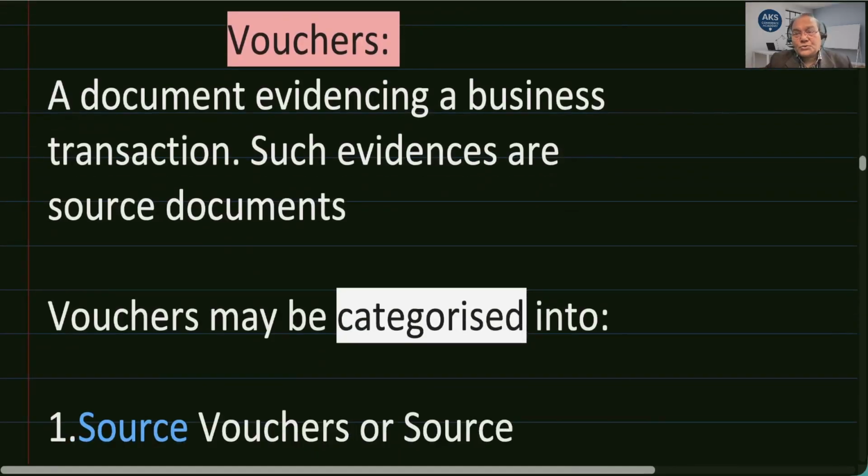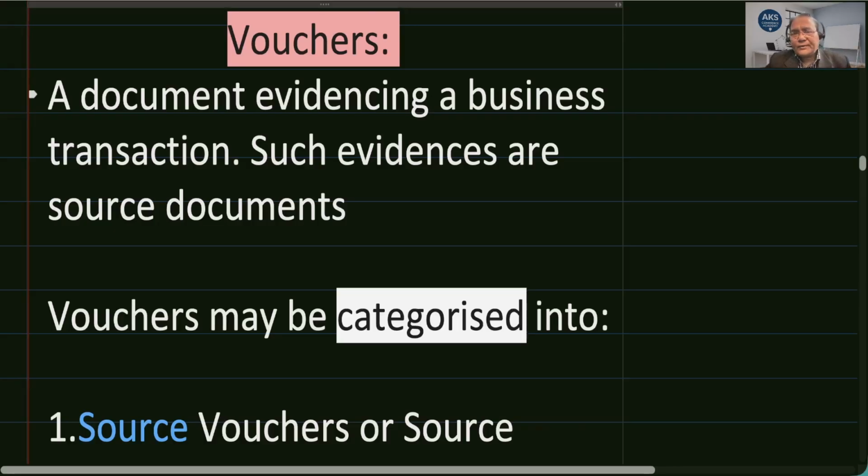Now comes the vouchers. What are these vouchers? They are prepared from the source document. What are the source documents? The original document for a particular transaction. There are so many documents which we have seen, be it a debit note, a credit note, or a cash memo which is received by the buyer from the seller.